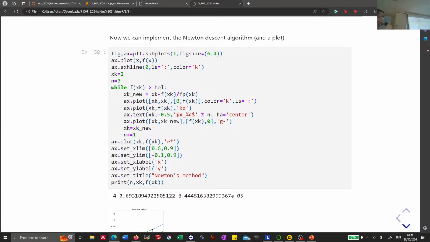Okay, but we still should discuss it. So first we plot xk, 0, f of x, color black, line style dotted. And the next line, we plot xk, f of x, so these are x and y coordinates, a black circle.